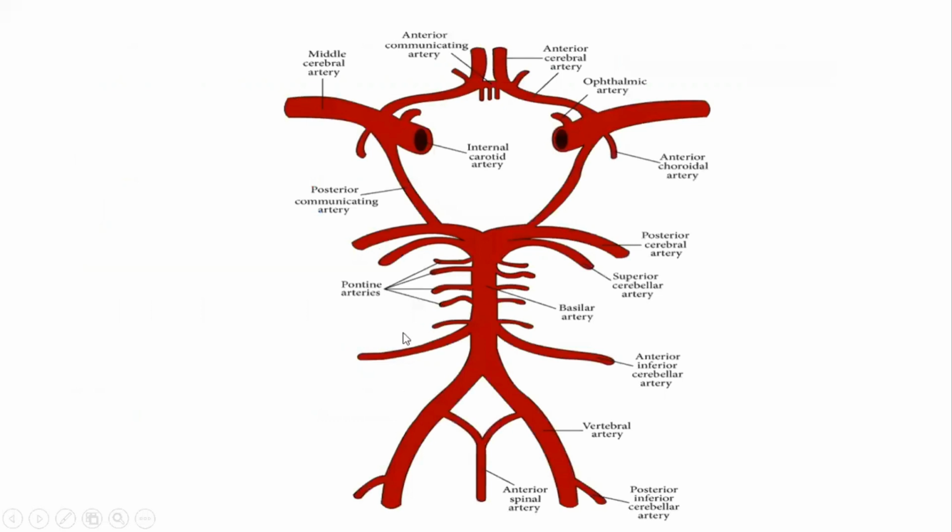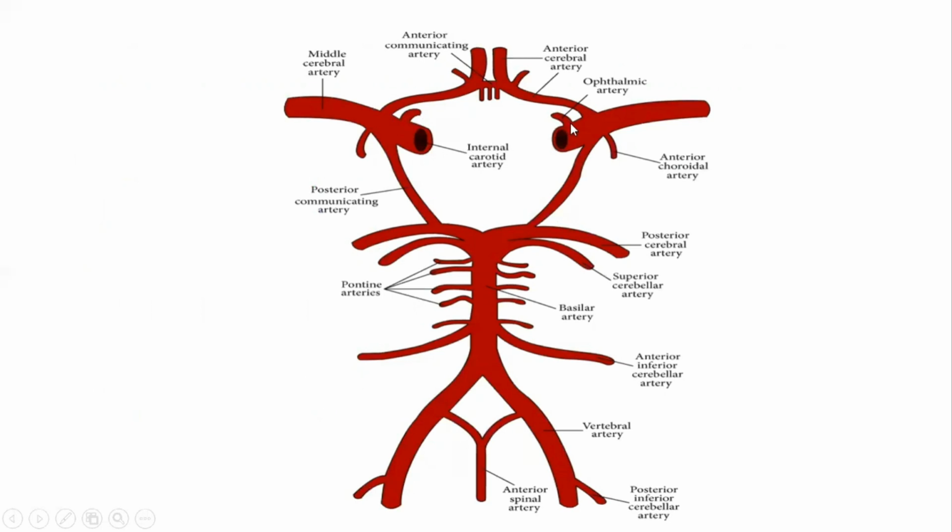Let's look at the picture. This is the internal carotid artery. Remember, this is not coming from this side. This is coming from this side and joining the circle of Willis, completing it. First of all, this is the ophthalmic artery, which goes to the eye through the optic canal.